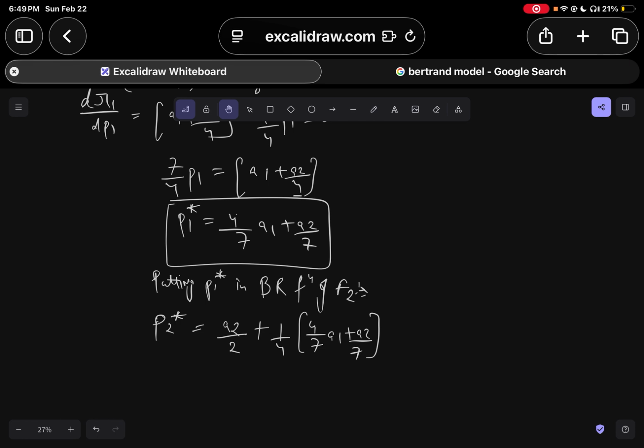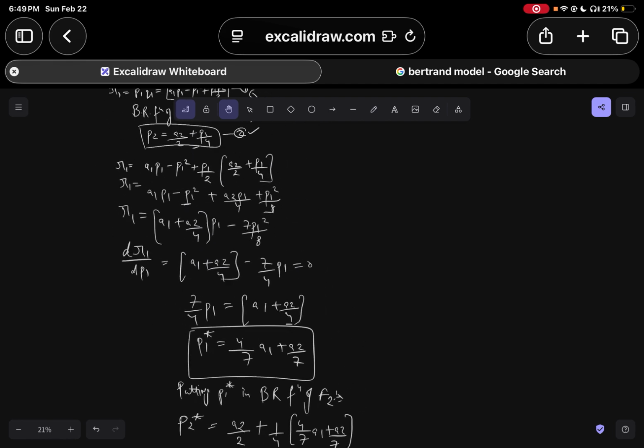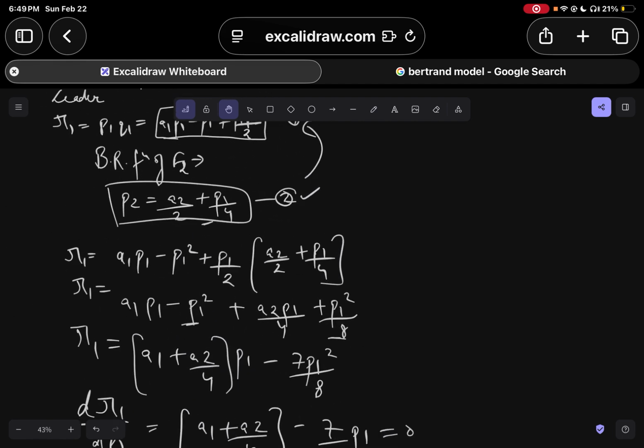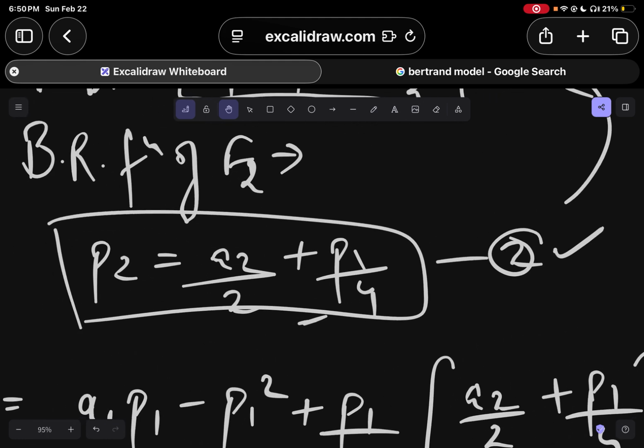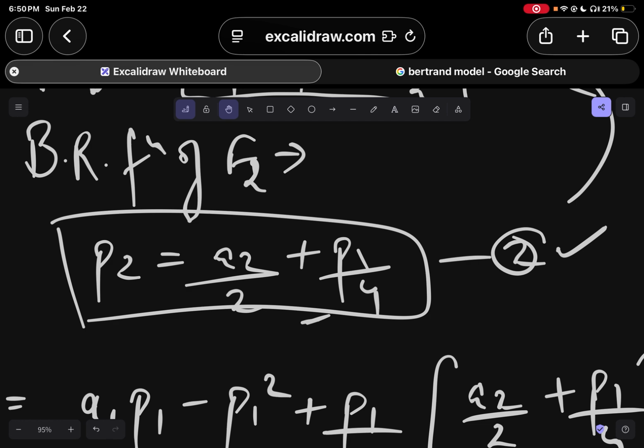I hope I get it correct. So the best response function of firm 2 was A2 upon 2 plus P1 upon 4.